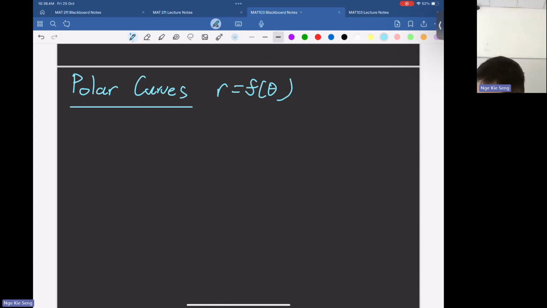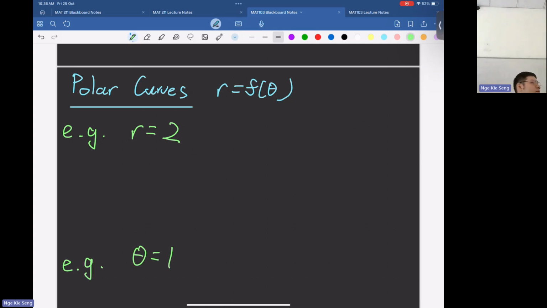Let me give you an example. Can you imagine what it means for radius to equal 2? Or what it means for theta to equal 1? I'll let you think for 1 minute first. Think about these two functions. How to sketch them? What does it mean by radius is 2? And what does it mean by angle is 1?